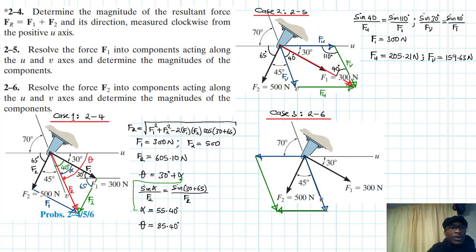And then finally we have this resultant, which in our case is F2. So let's just clean up this part here, where we have some details. Right, so let's label this.